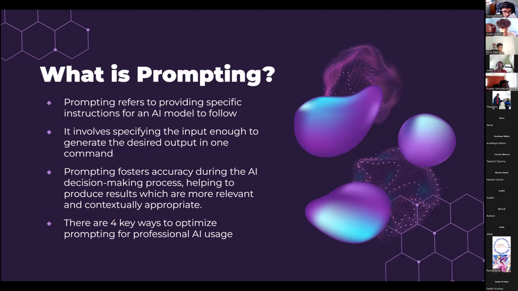So prompting fosters accuracy during the AI decision-making process, helping to produce results which are more relevant and contextually appropriate. So there are 4 key ways to actually optimize prompting for professional AI use.